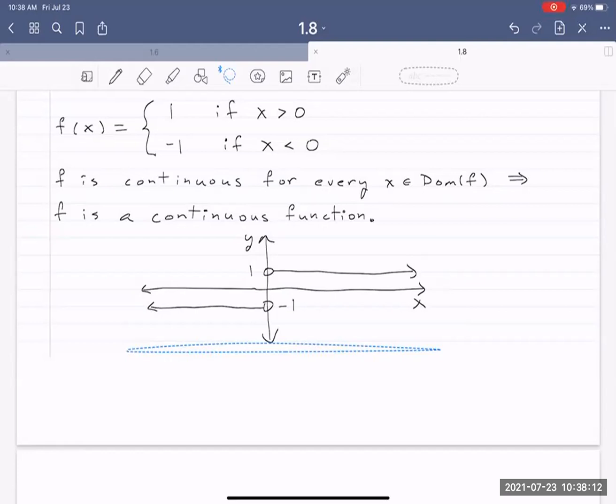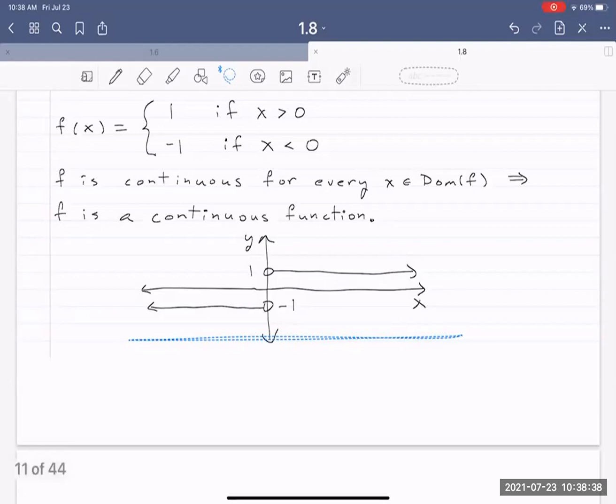Is that clear? So it's a continuous function because it is continuous everywhere it is defined. It is not continuous at 0, therefore it's not continuous everywhere on the real line. Any questions about that statement? So it's a very subtle statement.